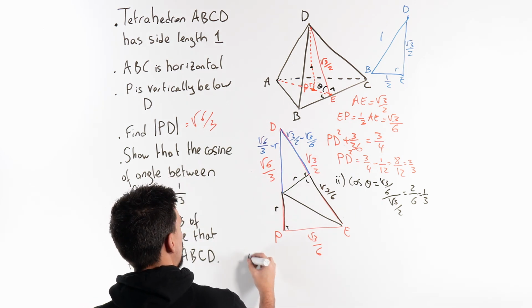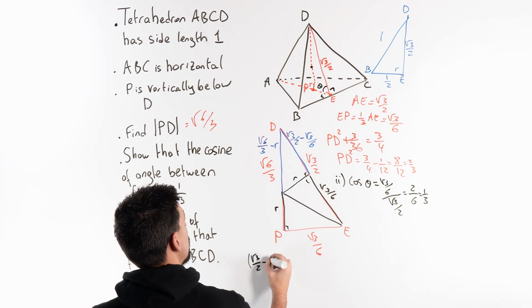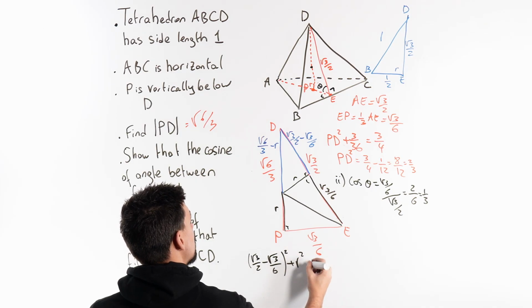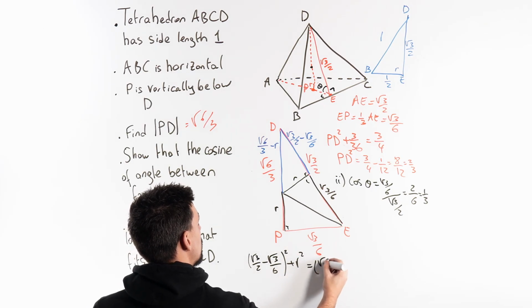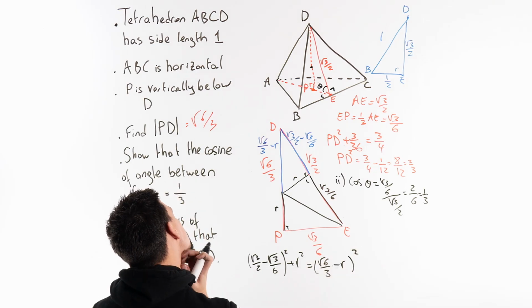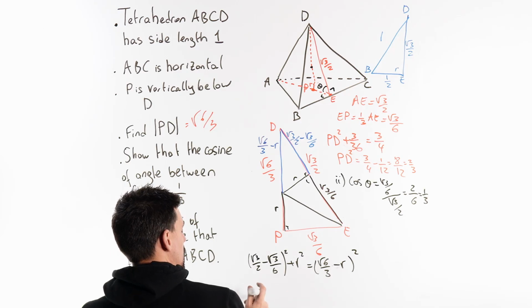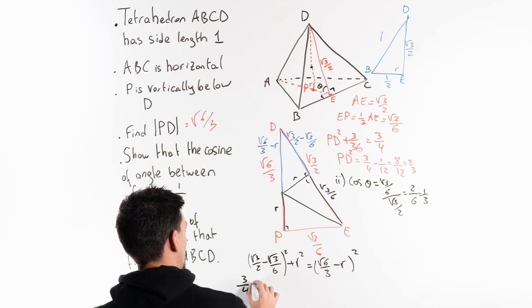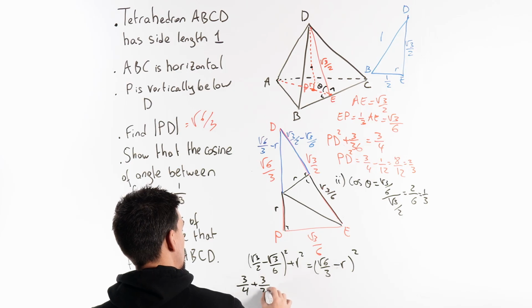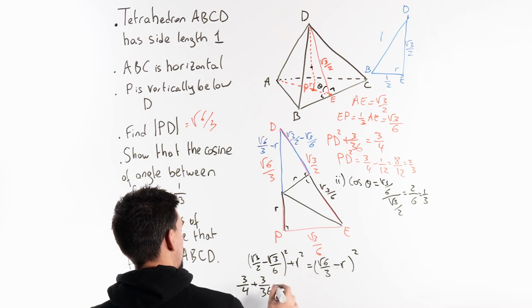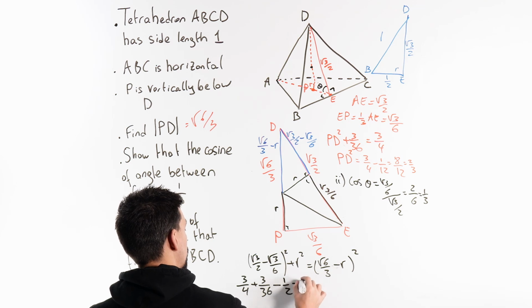So we know that root 3 over 2 minus root 3 over 6, squared, plus R squared is root 6 over 3 minus R, all squared. So this becomes 3 over 4 plus 3 over 36 minus a half.